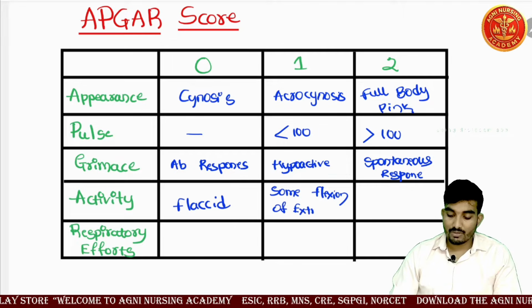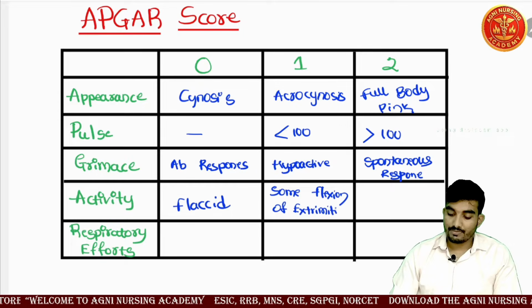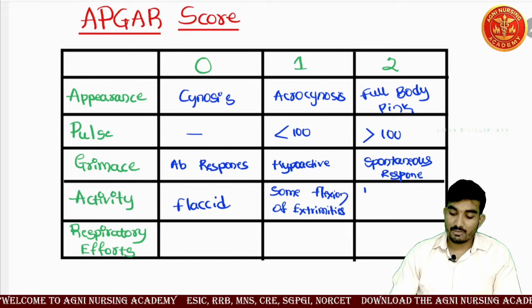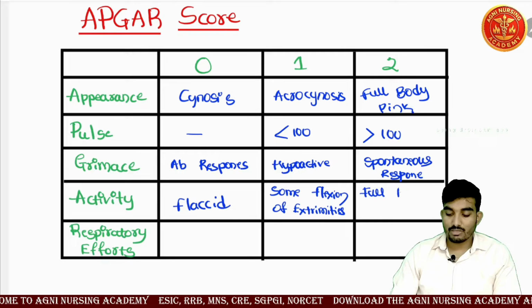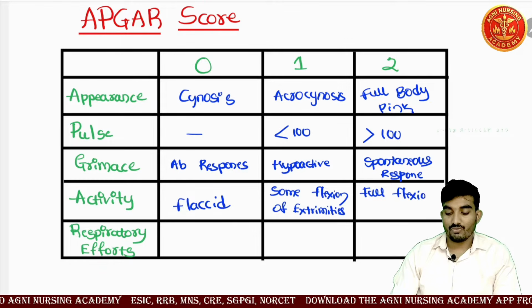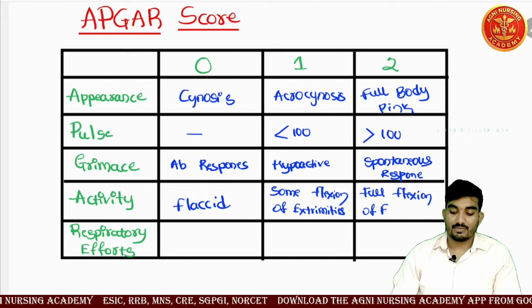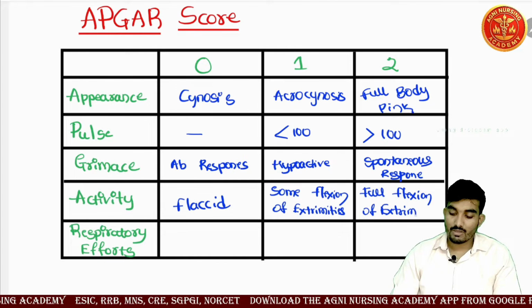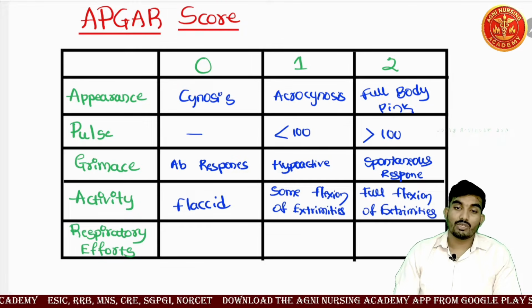The full flexion of extremities will give the score 2.